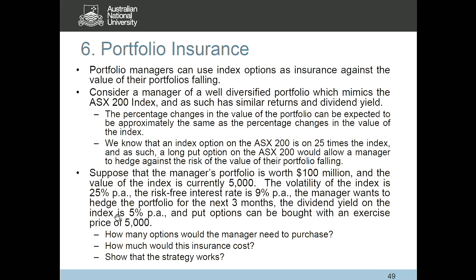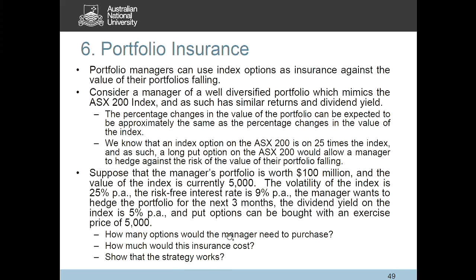Dividend yield on the index is 5%. A put option can be bought with a strike price of 5,000. So the first question you ask, how many options the manager needs to purchase in order to fully hedge his exposure, $100 million exposure. And the second question is, how much would this insurance cost?